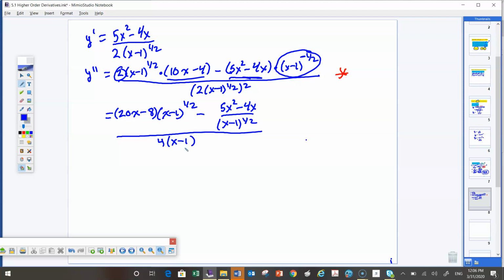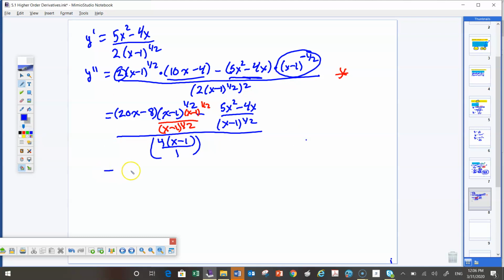Now, we have to go a little bit further to simplify this. Remember that this is really over 1, so I'm going to multiply by the reciprocal of that in the next step. But before I do that, I'm going to get a common denominator up top here. So I'm going to multiply this by x minus 1 to the 1/2 over x minus 1 to the 1/2, and then I can combine my terms up top.